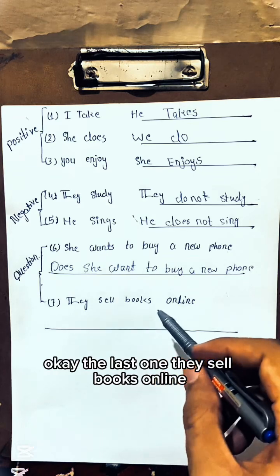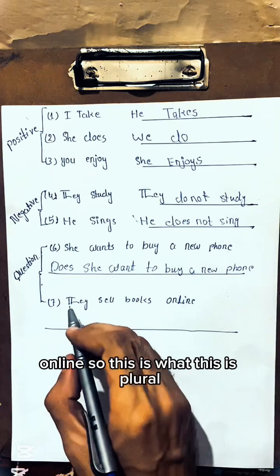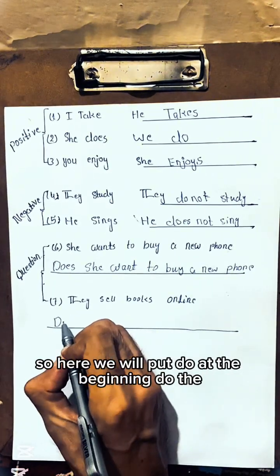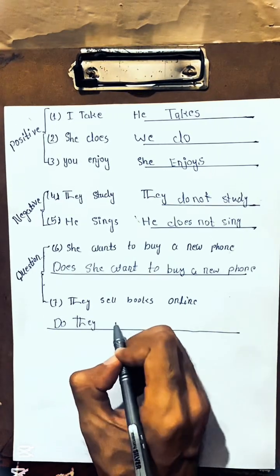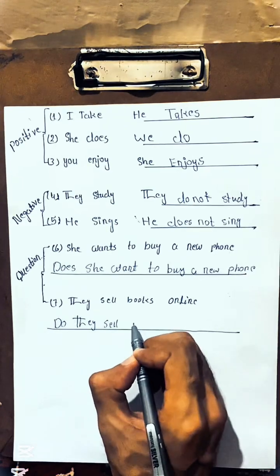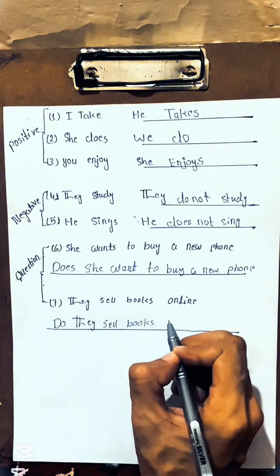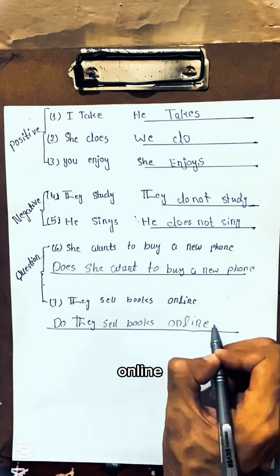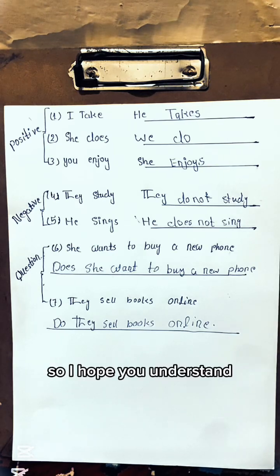They sell books online. So this is what? This is plural. So here we will put do at the beginning. Do they sell books online? So got it? It was all about simple present tense. I hope you understand.